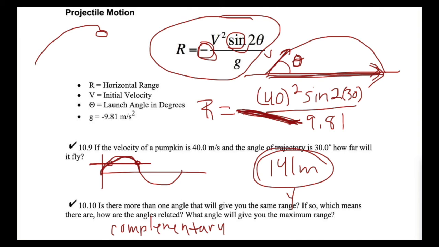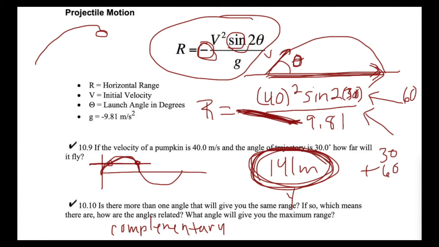In this problem, I put in a 30-degree angle and got a range of 141 meters. You should go back and do this problem with 60 degrees instead. What happens? You still get 141 meters, because 30 plus 60 adds up to 90 degrees. They're complementary angles, and complementary angles will give you the exact same range.